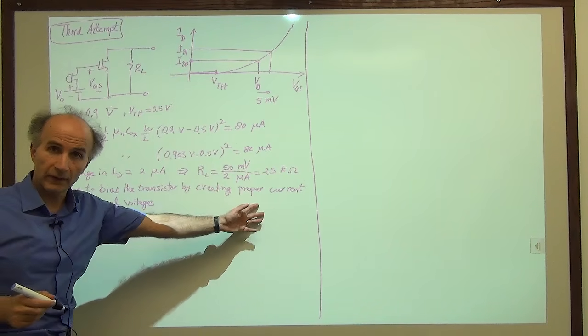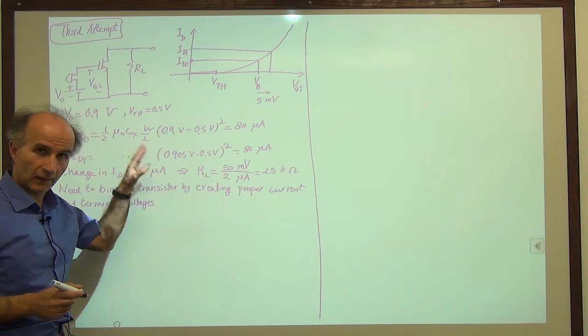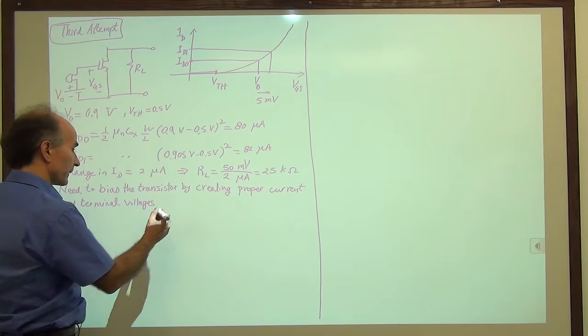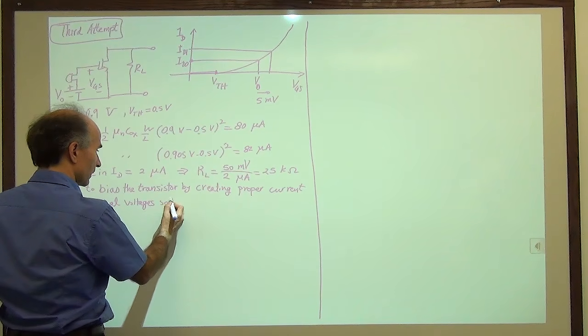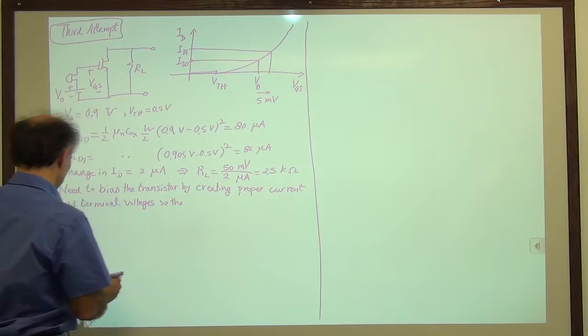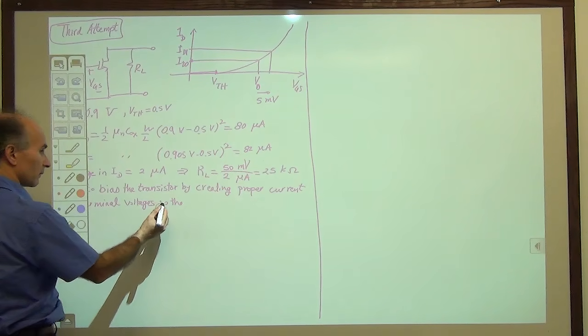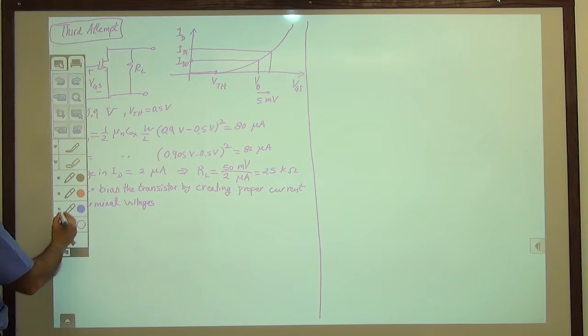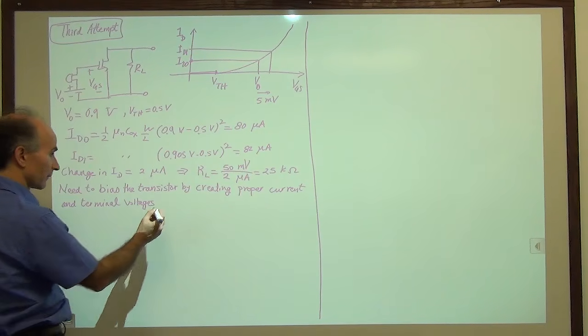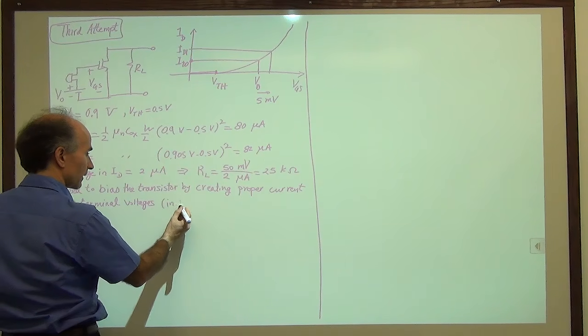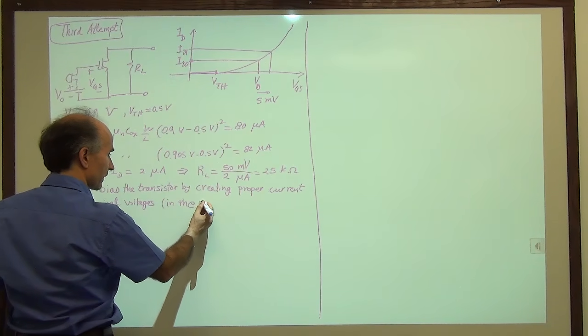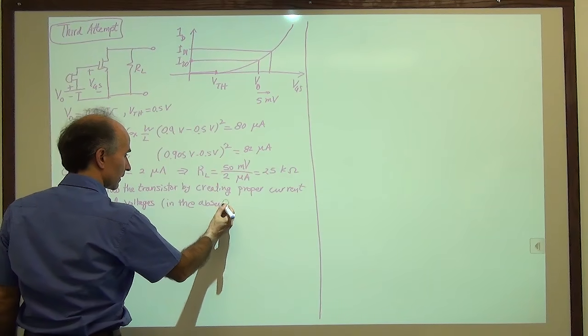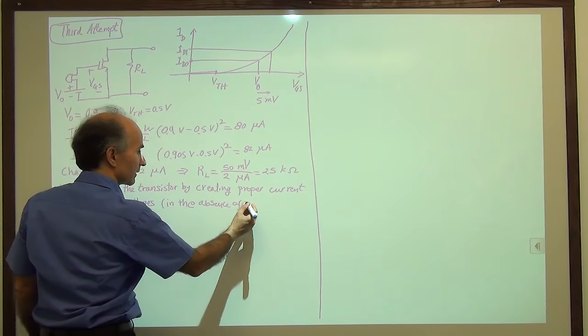So current inside the device and voltages around the device, the gate and the source and the drain and so on. So, voltages in the absence of signals.